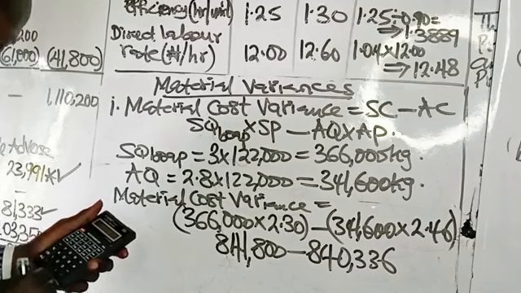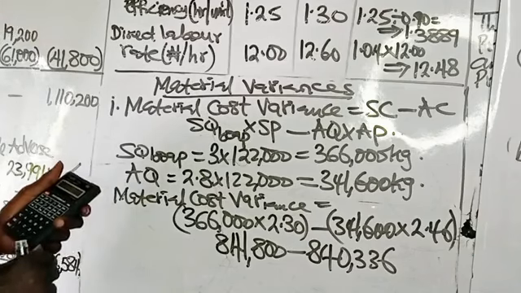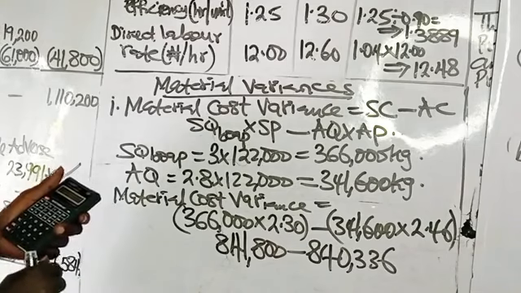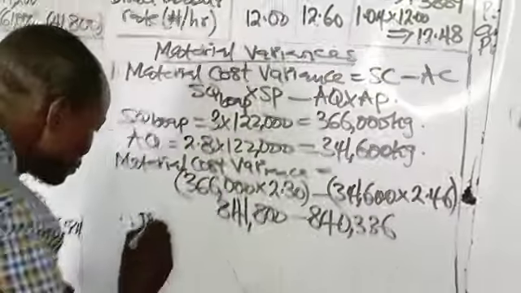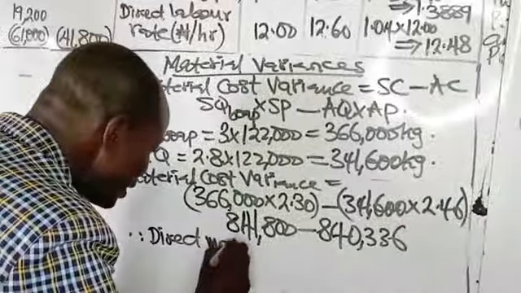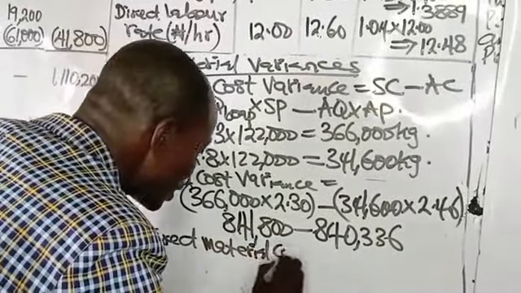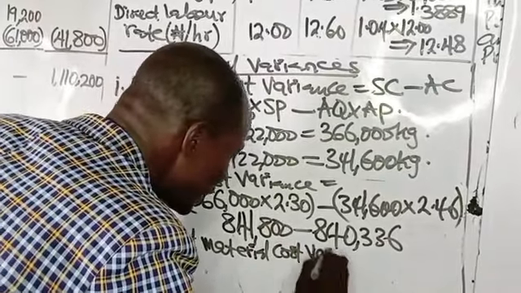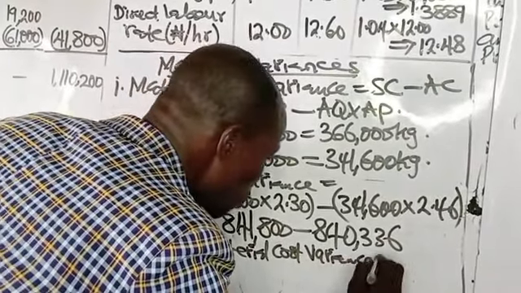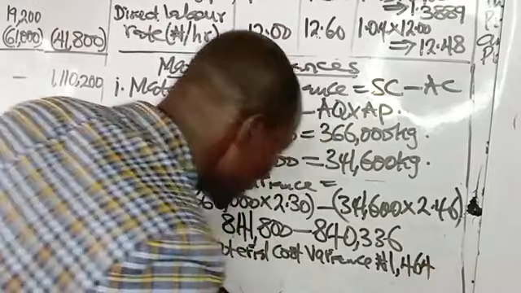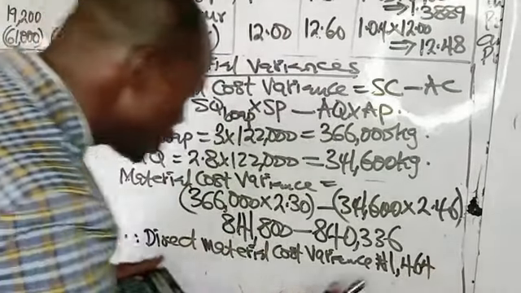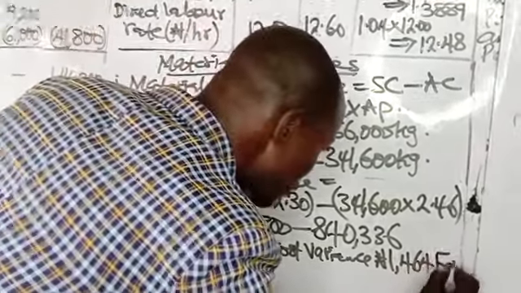So you have the difference of 1,464. Therefore, direct material cost variance amounted to 1,464. This is greater. It shows that it is a favorable variance.